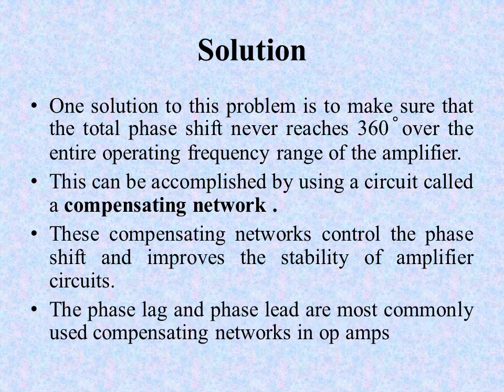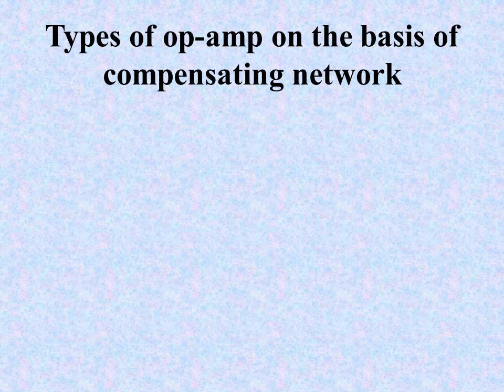In operational amplifiers, the two most commonly used compensating networks are phase lag and phase lead. Now we'll discuss the types of op-amp on the basis of the compensating networks.